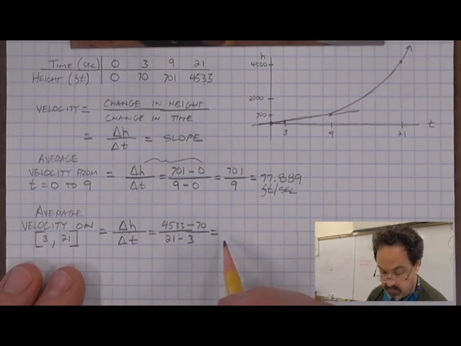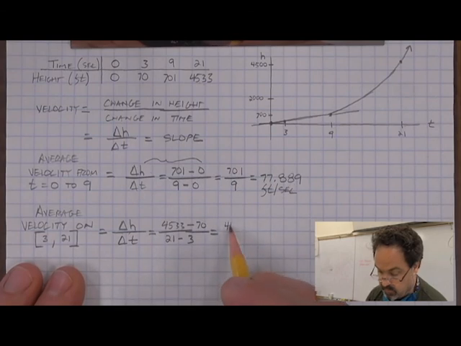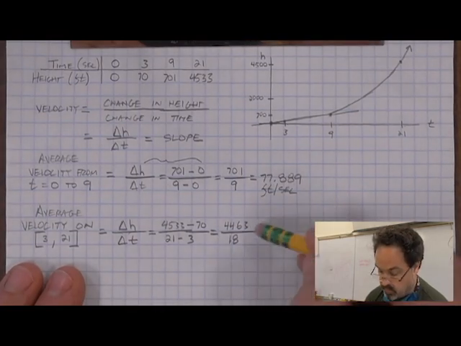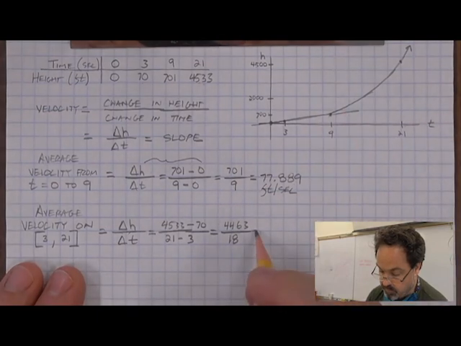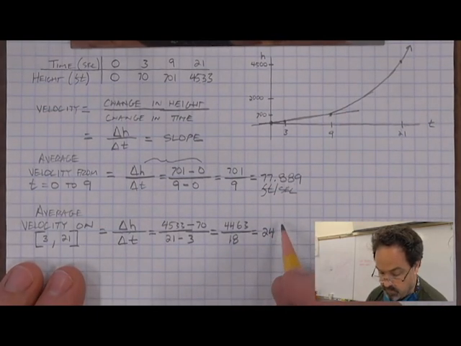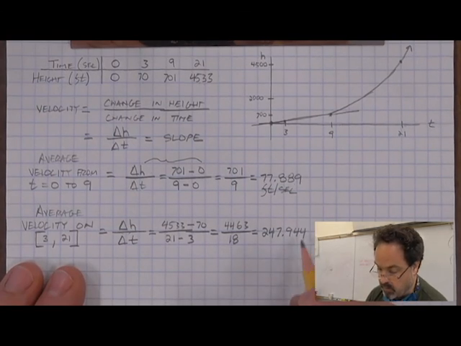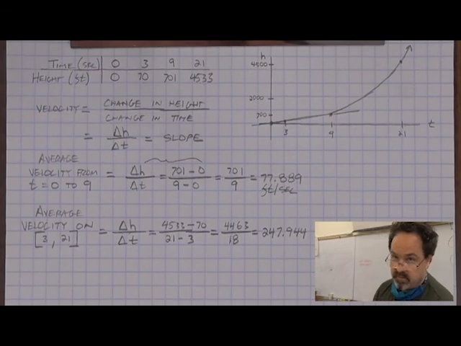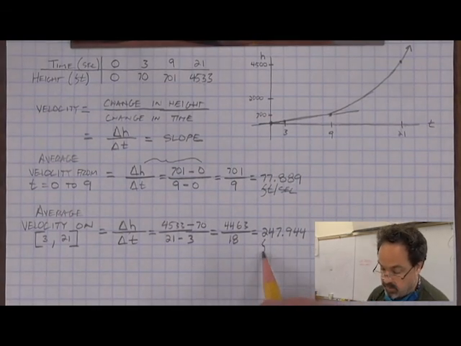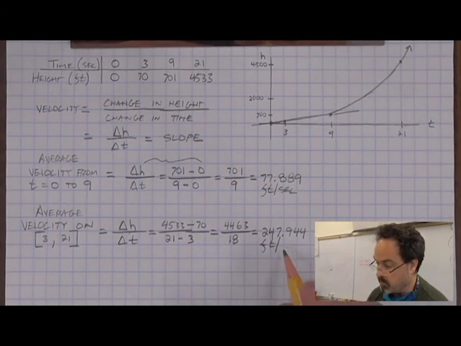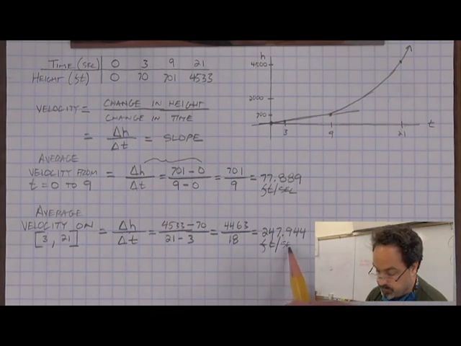We're going to take these differences and simplify our fraction: 4,463 divided by 18. And we'll go for a decimal approximation. A calculator will show us that this is approximately 247.944, rounded to the nearest thousandth. And the units, because this is a contextual problem, are feet per second.